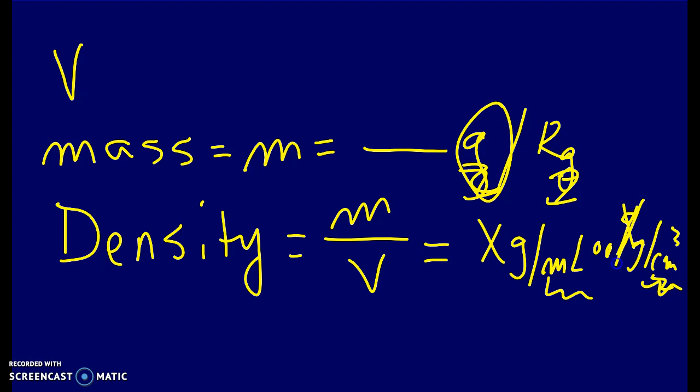So it's always some sort of volume, and always some sort of mass. Sometimes the mass can be in kilograms as well, depending on the type of problem. So density is a ratio of the mass over the volume.